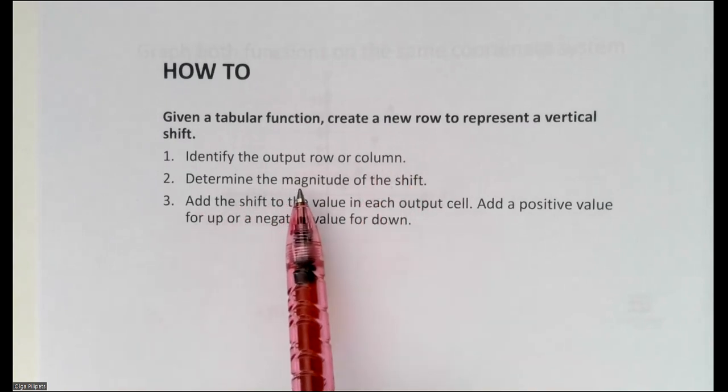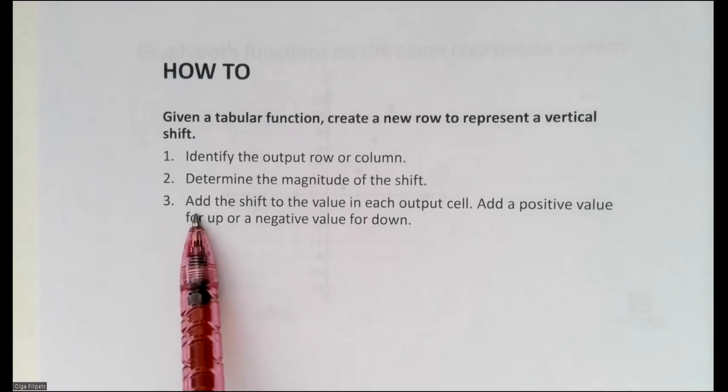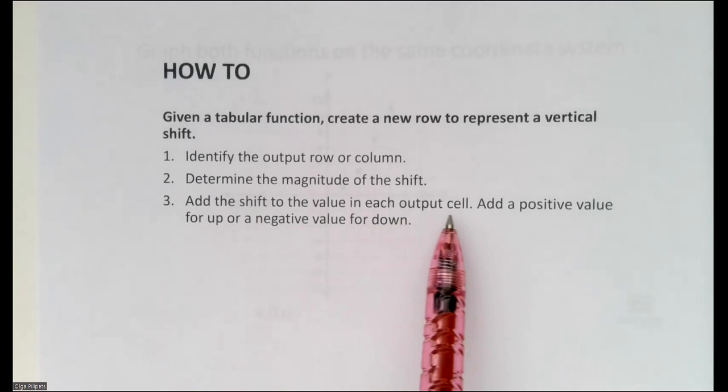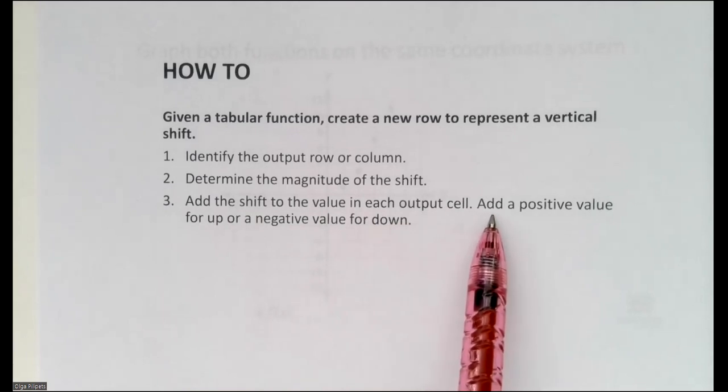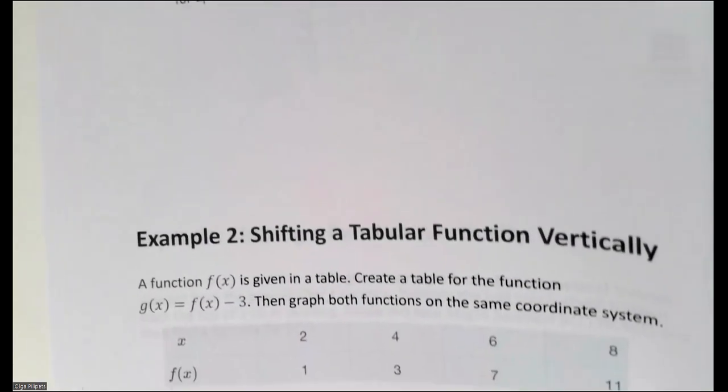Step 2, determine the magnitude of the shift, meaning by how much we're going to shift it, and whether it is going to be up or down. And step 3, add the shift to the value in each output cell. Add a positive value for up or a negative value for down. Okay, so let's take a look.